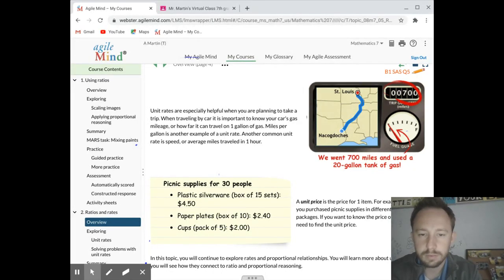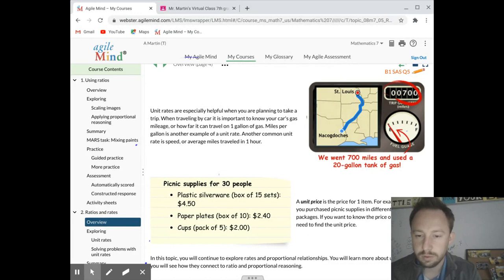Another common unit rate is speed, or average miles traveled in 1 hour. A unit price is the price for one item. For example, suppose you purchase picnic supplies in different size packages. If you want to know the price of one setting, you need to find the unit price.